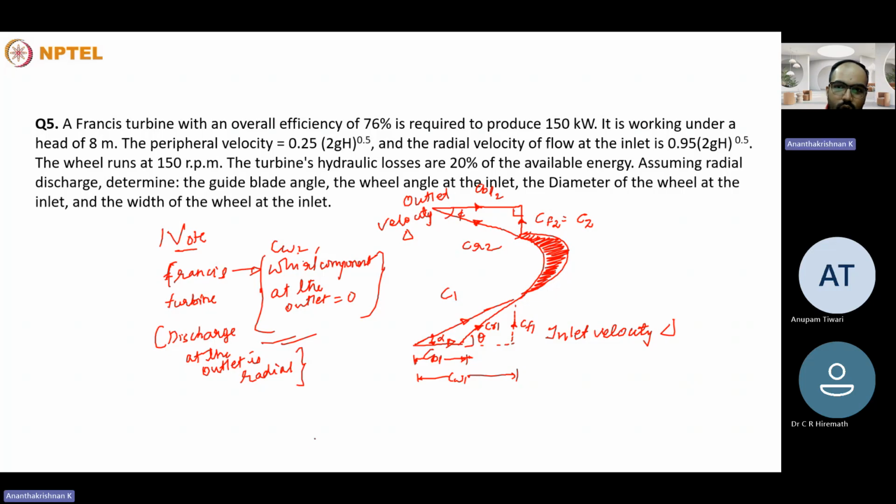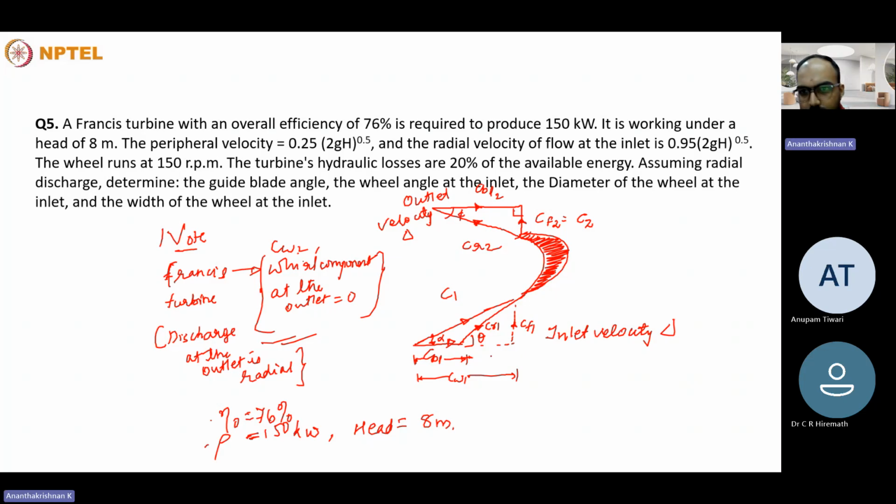Here the overall efficiency is given as 76%. The shaft power produced is 150 kilowatt, and the head is equal to 8 meters. Now we have to determine quite a lot of things.